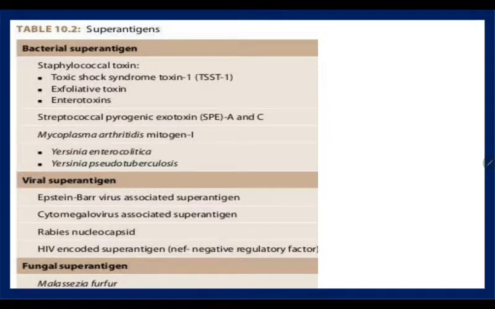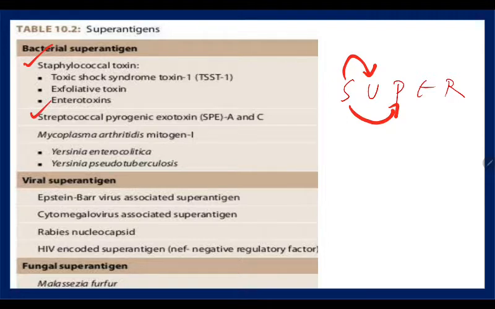Now, how to remember the superantigens? Very simple. Just take the word super. As far as bacteria are concerned: Staphylococcus aureus, S and U, so the Staphylococcus toxins. Next is Streptococcus pyrogenic toxin, S and P. Done.